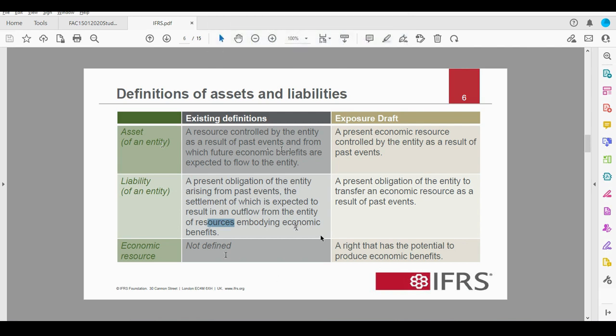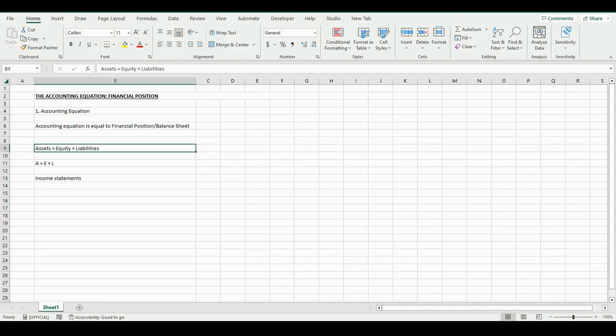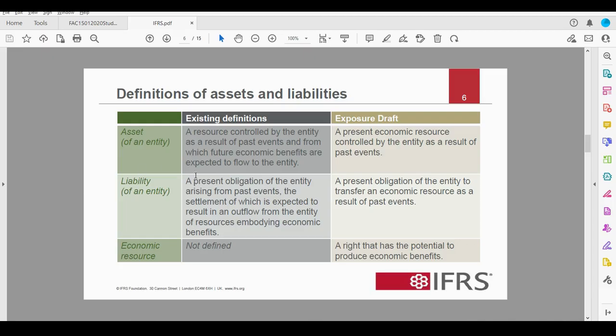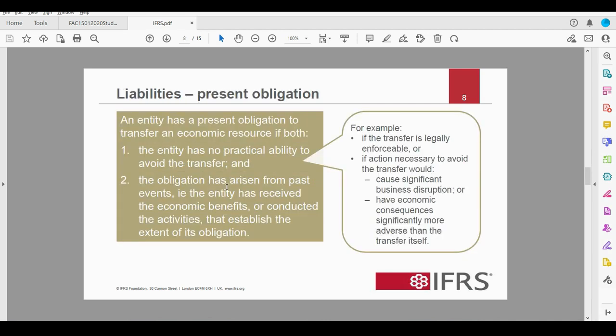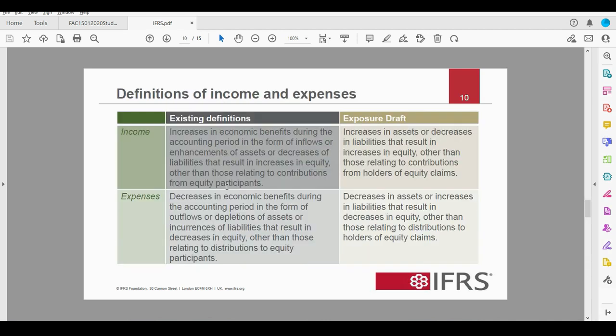Right? Now we have looked at assets, we have looked at liabilities, right? I'm coming to the examples. We've looked at these two. Now we need to look at equity. Okay, you also need to know income and expenses.